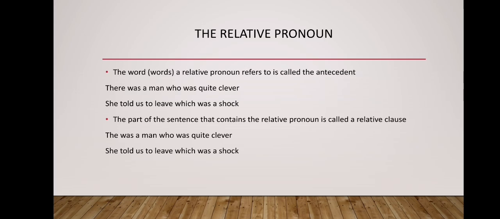She told us to leave, which was a shock. The part of the sentence that contains a relative pronoun is called a relative clause. There was a man who was quite clever. She told us to leave, which was a shock.